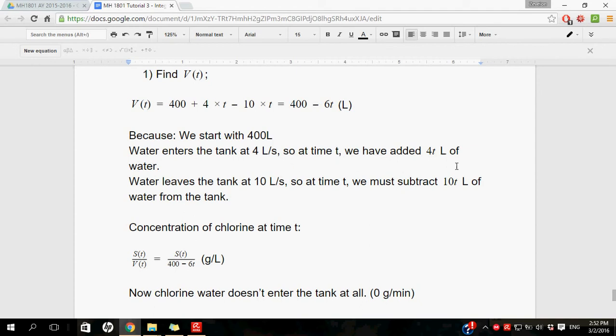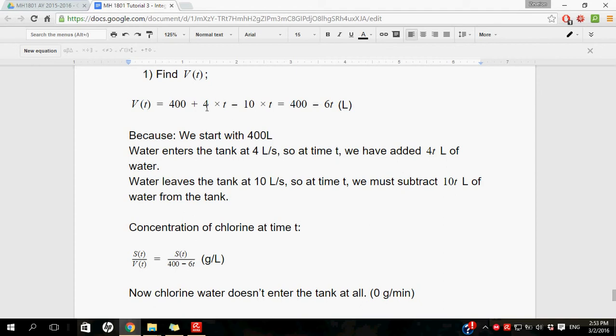Again, check that the units make sense as well. Liters per second times seconds, so the final quantity is in liters. That is the next bit. We are now subtracting 10t liters from the tank at time t.